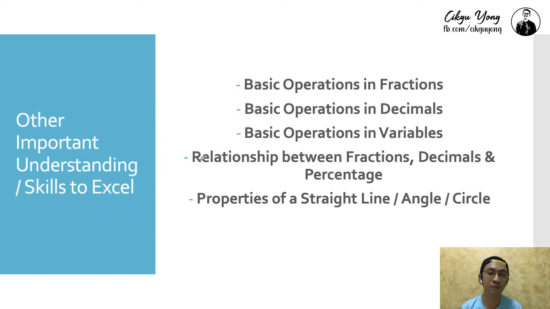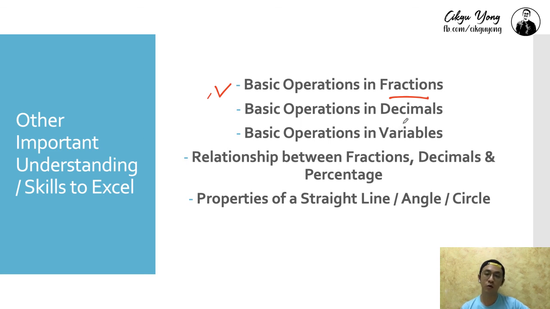And next, perhaps I will spend some time explaining some basic operations in fractions. Fraction is another interesting topic, I would say, for my students. They get confused when it comes to addition and subtraction compared with multiplication and division. They just take everything as the same, add together, or subtract together, and so forth.